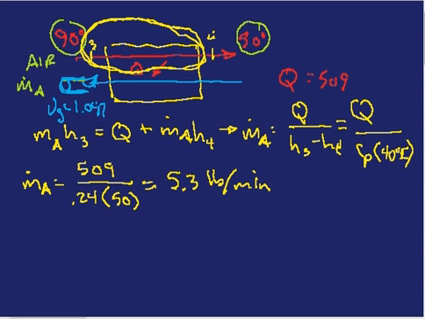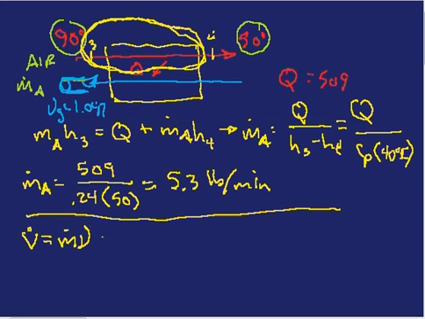So the volume flow rate is equal to the mass flow rate times the specific volume, which is also equal to the cross-sectional area of the pipe times the velocity. And we want to limit this velocity to 6 feet per second. So what we'll do is substitute in here V dot equals m dot, which we know is 10 pounds per minute.